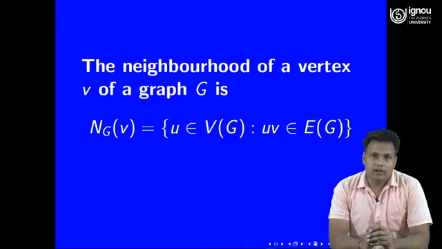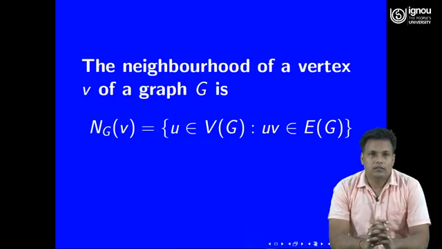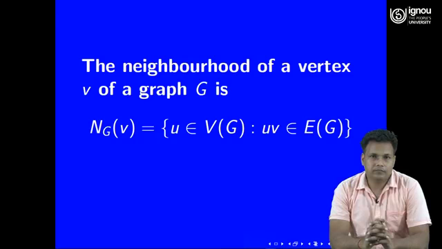The neighborhood of a vertex v of a graph G is the set of all those vertices which are adjacent to v. That is, all the neighbors of v are called the neighborhood of v.